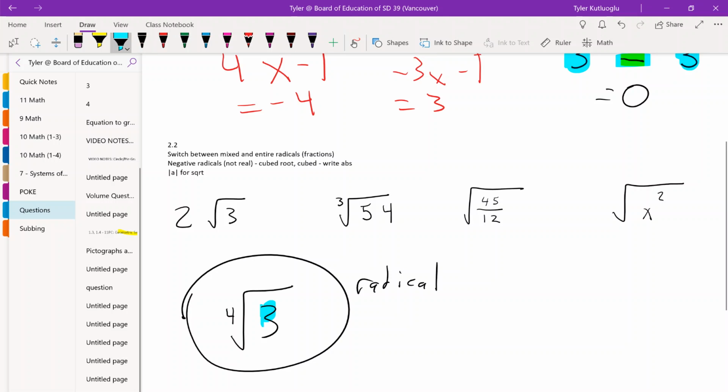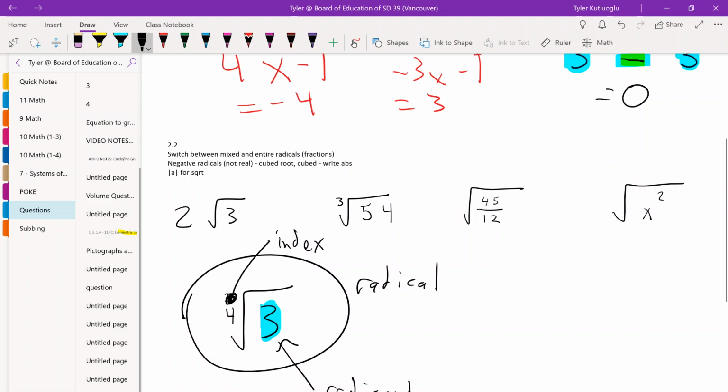But if you want to just talk about the number inside of the radical sign, that is going to be the radicand. And if you want to talk about the exponent, this number here, to what degree the radical is, this is called the index. So then we know the terms.